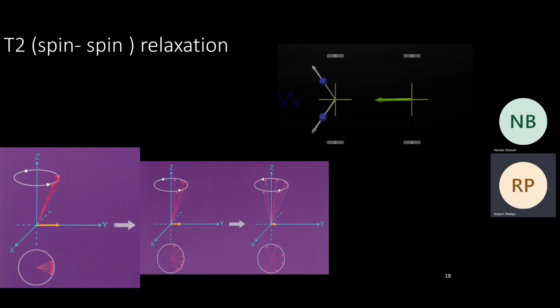T2 relaxation is transverse magnetization, where initially it is synchronized, and later on when we stop radio frequency, it becomes chaotic again, and this magnetization keeps on decreasing. Okay, that makes sense. Thanks.